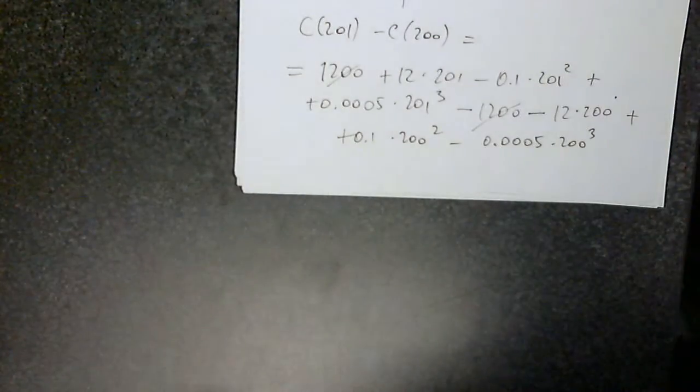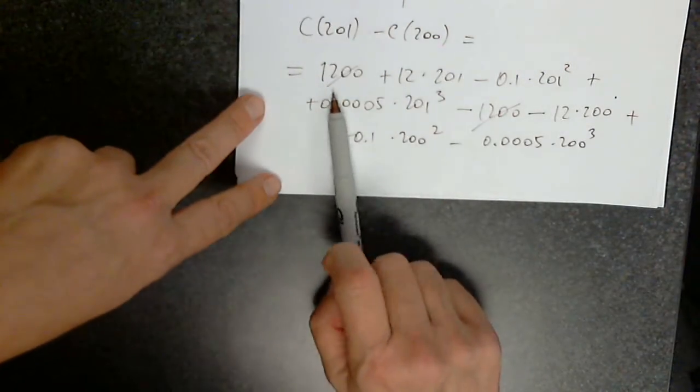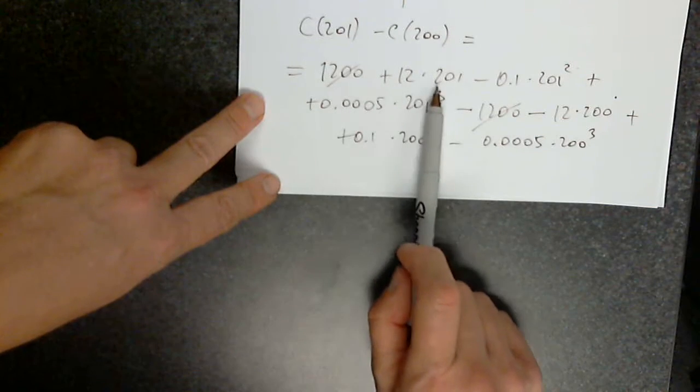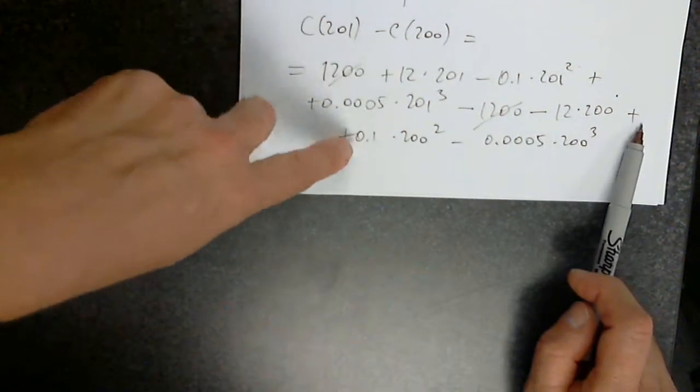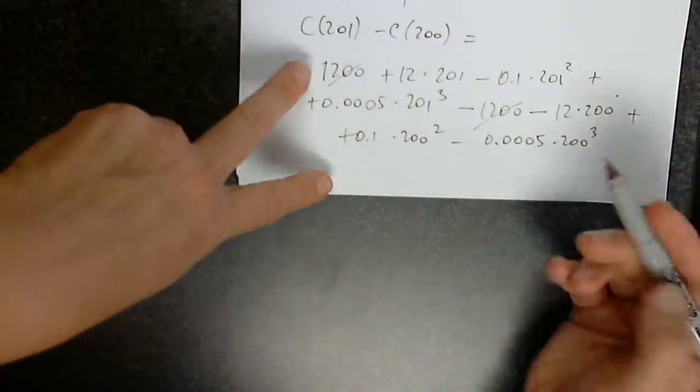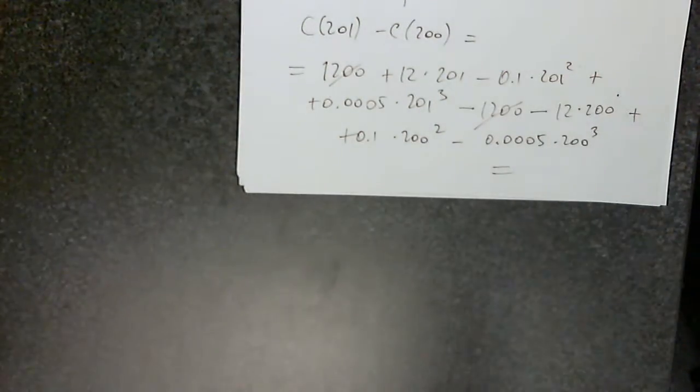I'm checking my writing here. So this is plus, plus, minus, plus. So then it's minus, and then it's minus, and then it's plus, and it's minus. Correct.